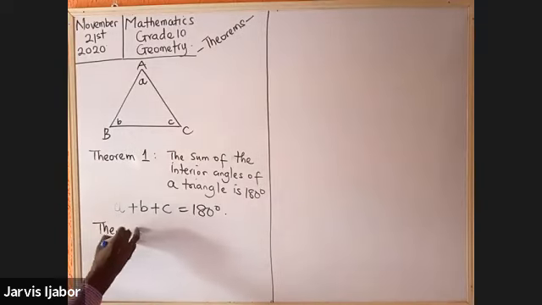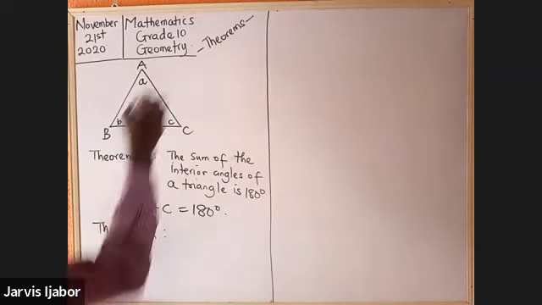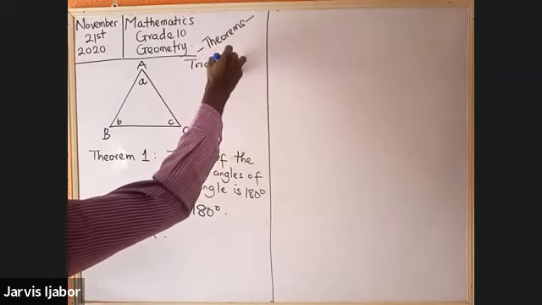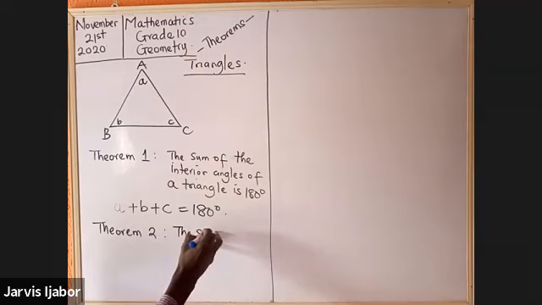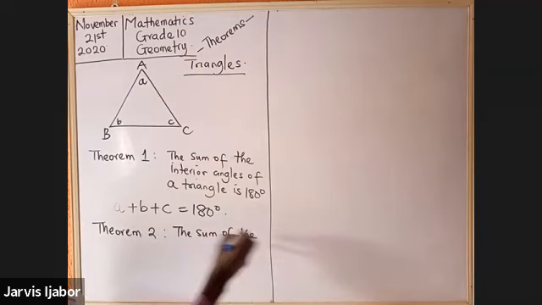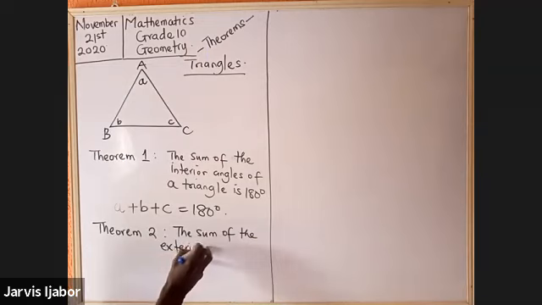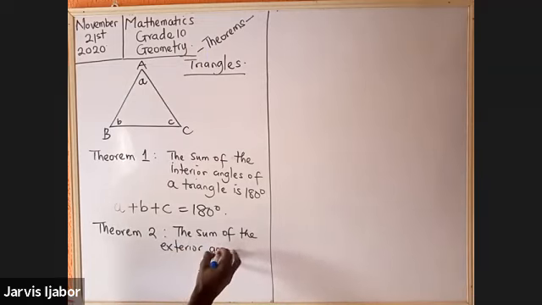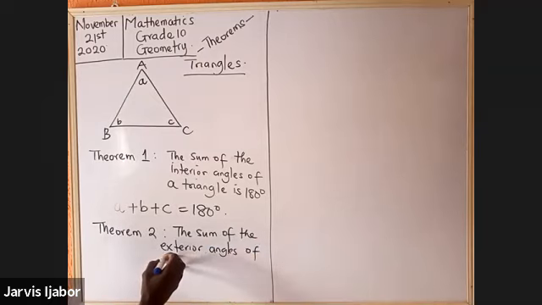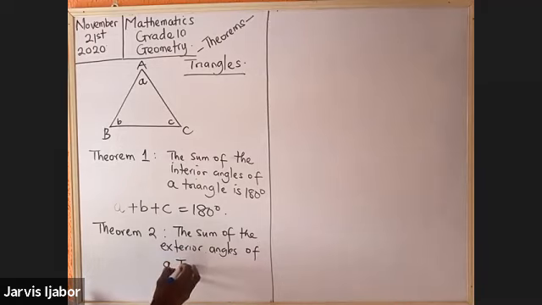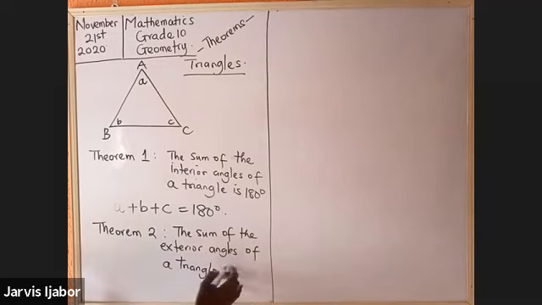Now, the next theorem I'll consider under triangles, maybe I should have had this as a heading, would be that the sum of the exterior angles of a triangle is equal to what? 360 degrees.